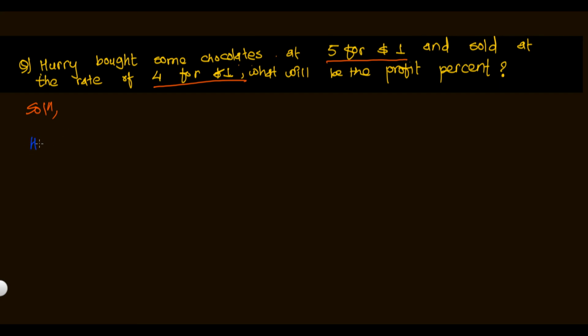So Huri bought 5 chocolates for $1. What is the CP of one chocolate? It will be $1/5. So that's the CP of one chocolate.